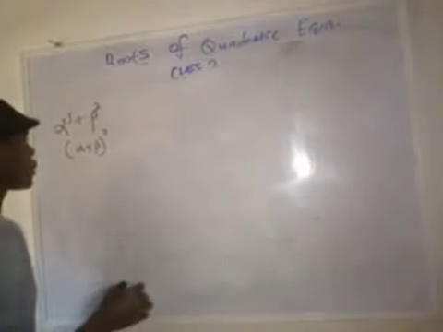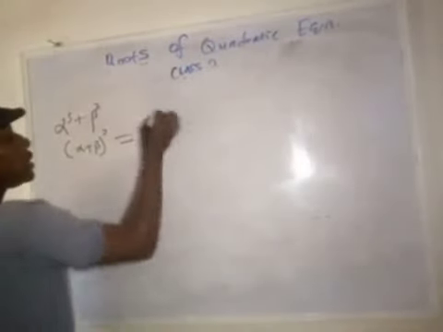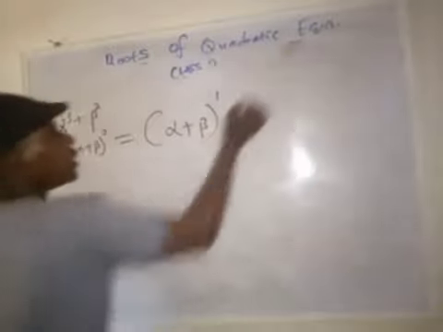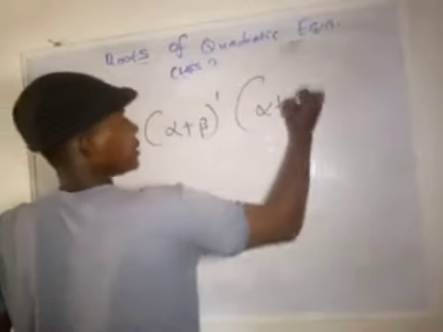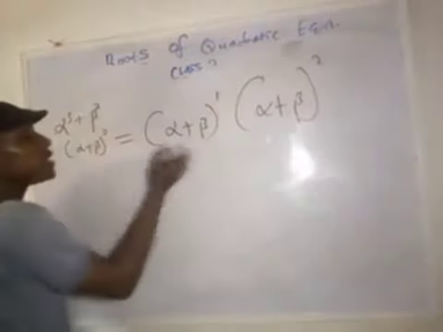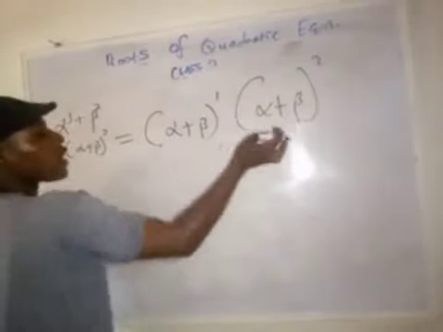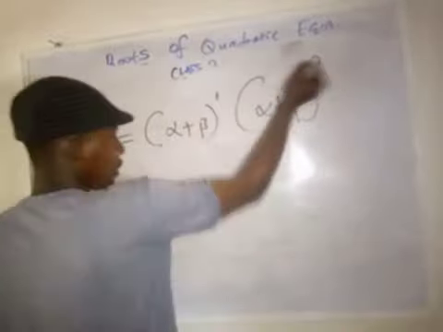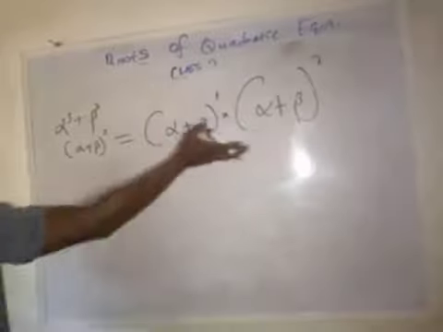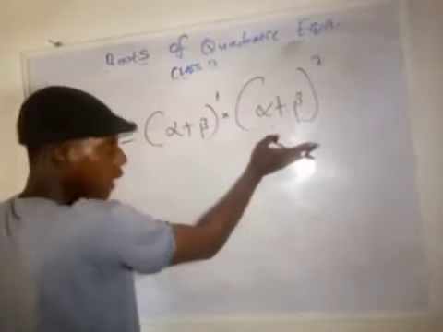Now, if I do alpha plus beta raised to the power of 3, it's equivalent to saying alpha plus beta raised to the power 1, in the bracket alpha plus beta raised to the power of 2. From the law of indices, these are common factors. If this is a common factor, this will add to this, since this is multiplication. And 1 plus 2 will still give me 3. That means this expression is still correct, right?